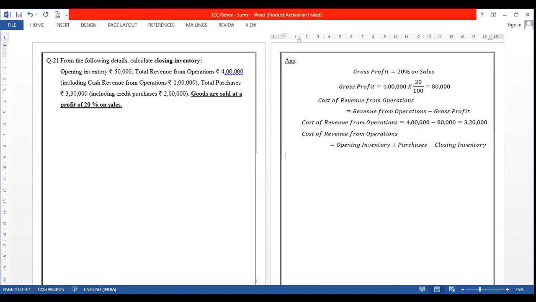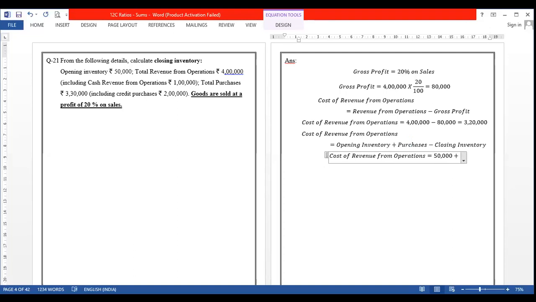Let us apply the values over here. Cost of revenue from operations is equal to opening, which is 50,000, plus purchases given to us.